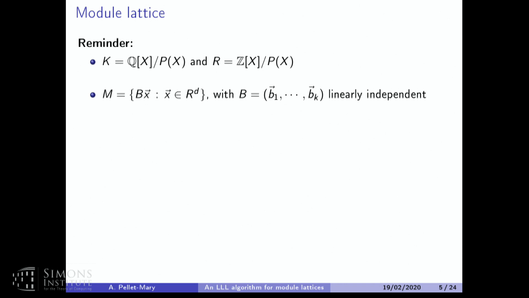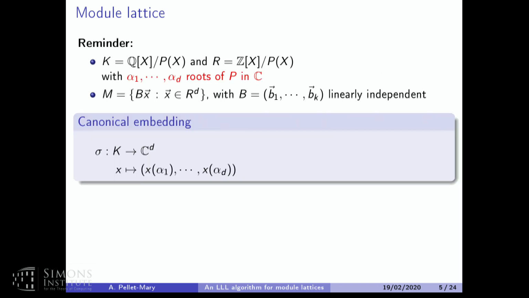This is just a reminder. We're going to consider an embedding called the canonical embedding that maps the field K to C^d. An element of K is a polynomial mod P, so a polynomial of degree d minus 1, let's say. I map it to a vector where I evaluate this polynomial at all the complex roots of P. This gives me a way to embed the number field into C^d, and so gives me some geometry on the number field.